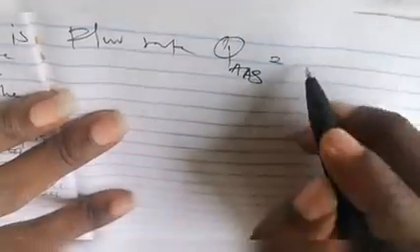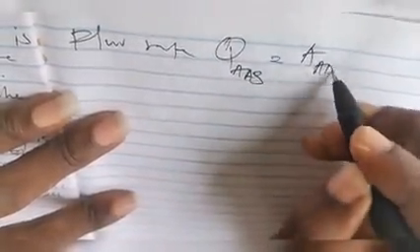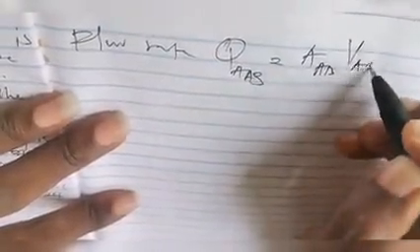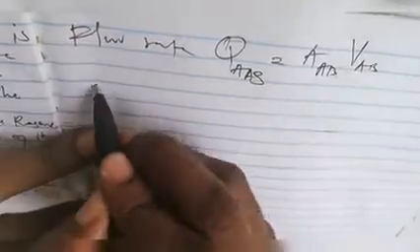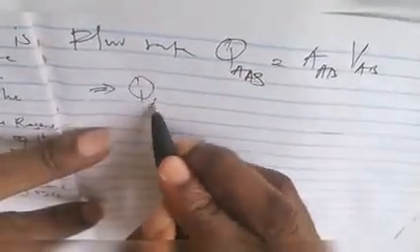Having that in mind, our flow rate, which is discharge Q, now considering discharge of AB, is equal to area of AB times velocity of AB. Now, we don't know this velocity, but we know the area, so discharge AB is equal to the area.